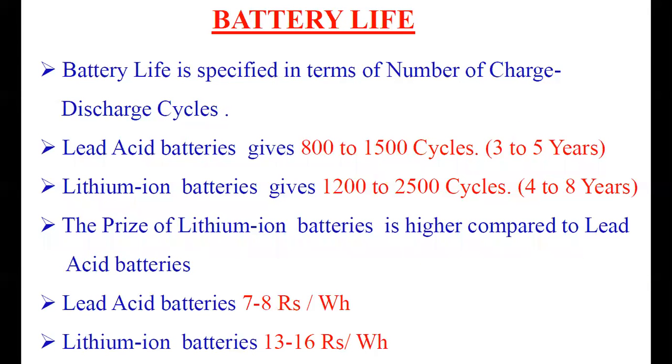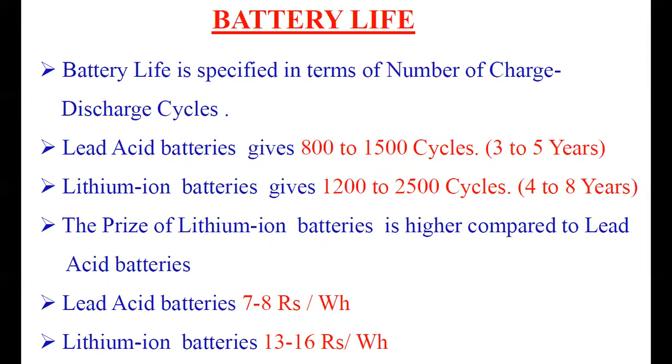Another important term is the battery life. One important term was the depth of discharge of the battery: for the lead acid battery it is only 50%, and for lithium ion batteries it is 80 to 90%. Another important factor for the battery is the battery life, which is specified in terms of the number of charge discharge cycles. Lead acid batteries have 800 to 1500 cycles of battery life, approximately 3 to 5 years.